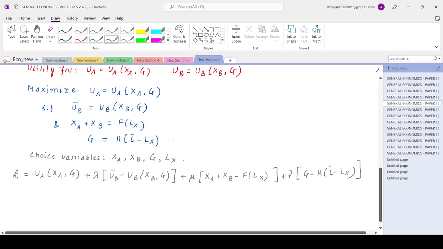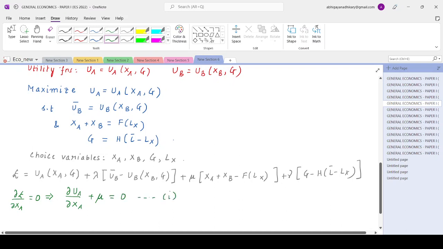Given the first choice variable is XA, I'll differentiate this with respect to XA and set it equal to 0. So what do we get? We basically get del UA by del XA, the marginal utility of agent A from good X. The second term will not contribute, plus mu equals 0.